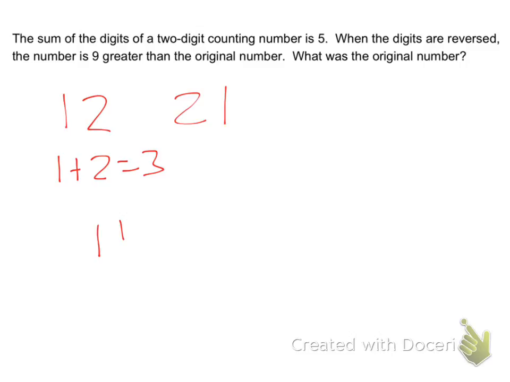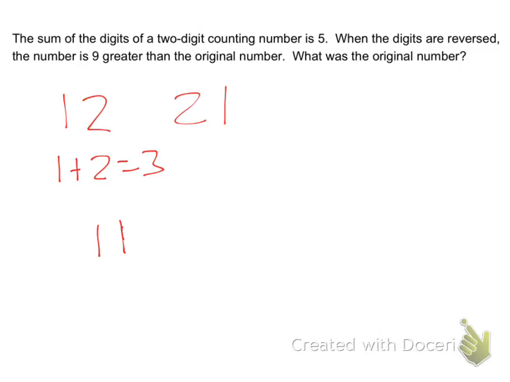Maybe I should have gone with 11 and that'd be 20, but those don't switch. 11 and 11 are the same digits reversed. That doesn't work anyways. So this actually probably isn't the easiest thing to guess and check either. Now, a lot of these problems, like the money problem, you could have guessed.